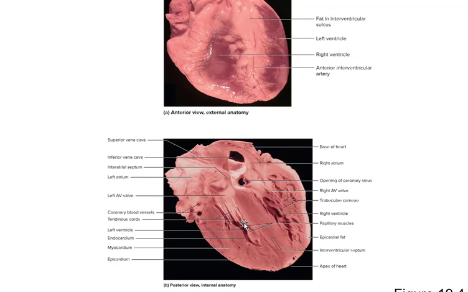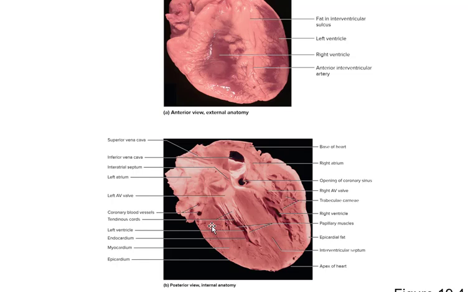And the thing I want to point out to you is that it doesn't matter if we slice this open, you should be able to tell the left side of the heart from the right side of the heart just by looking at a cross section. And here is why. If you think about the left side of the heart, it's the one that's got to push the blood all the way through the aorta and all the way down to your toes.